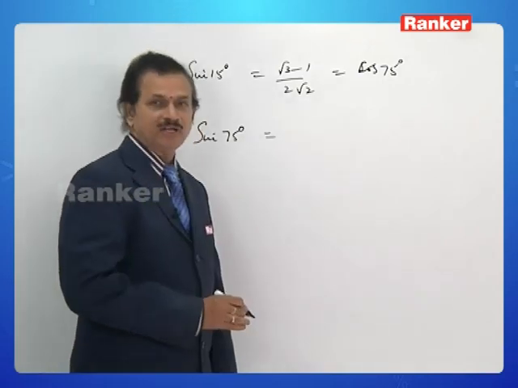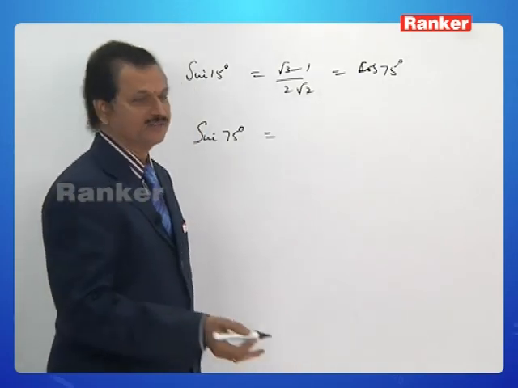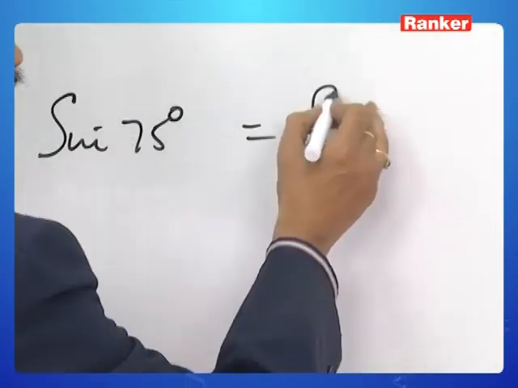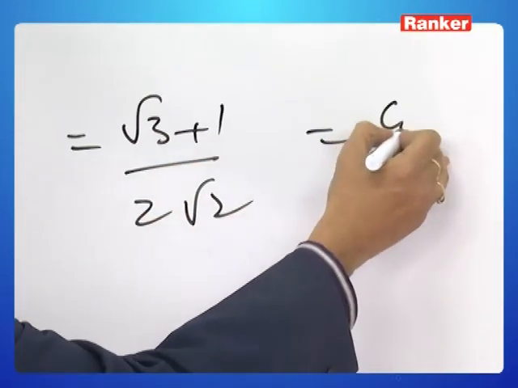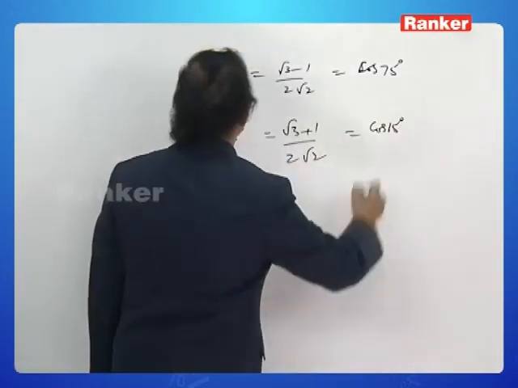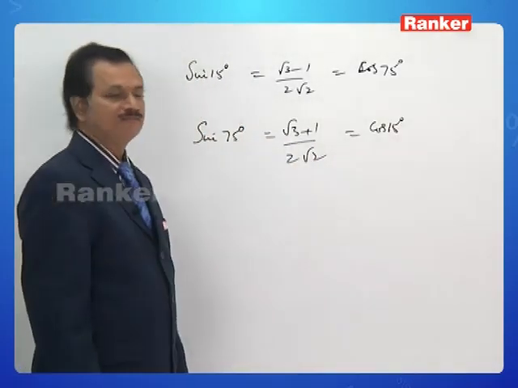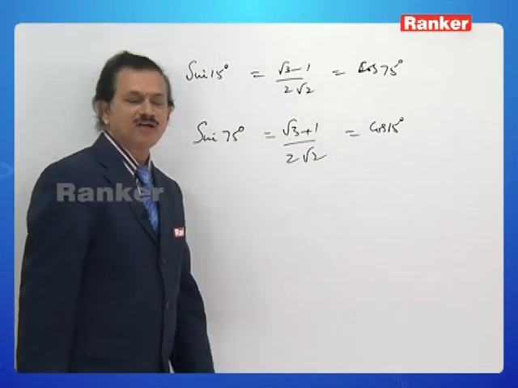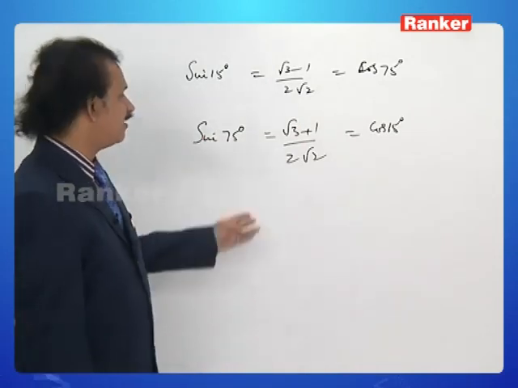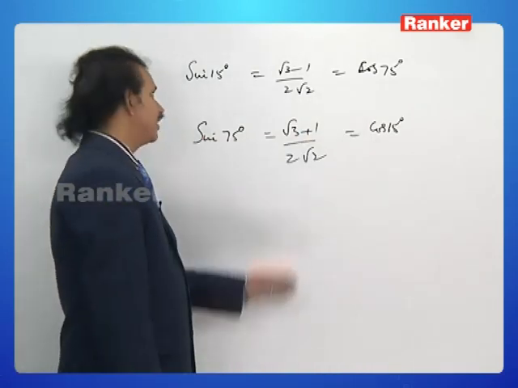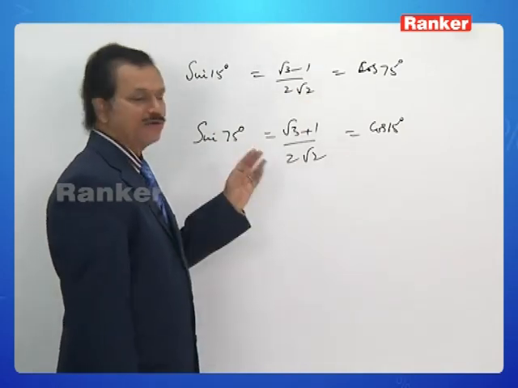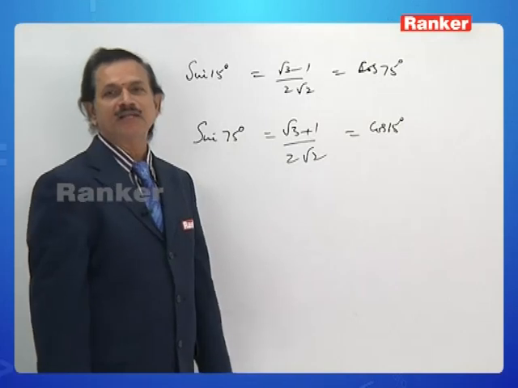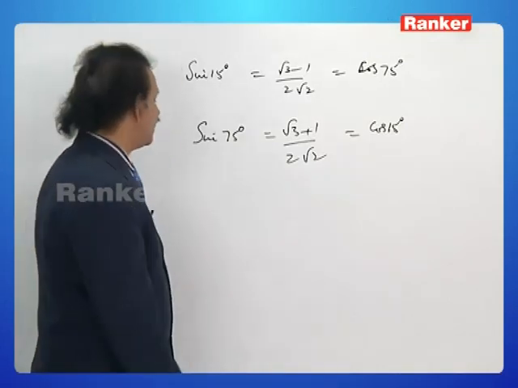Here you should have sine of 45 plus 30 degrees, so that this becomes plus, root 3 plus 1 by 2 root 2. And the same can be cos 15. Why? Because 75 degrees and 15 degrees are complementary, so you need not calculate those values. If you know sine 15, immediately you can have cos 75. If you know sine 75, immediately you can have cos 15 also. Well done.